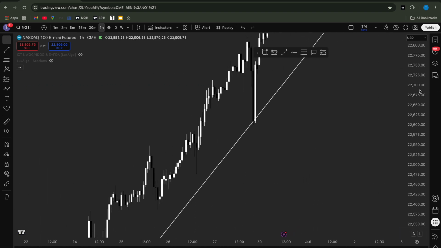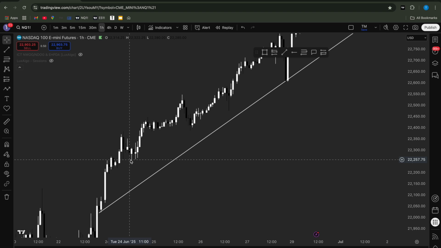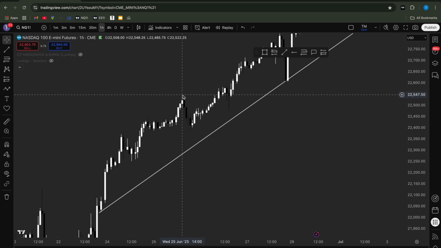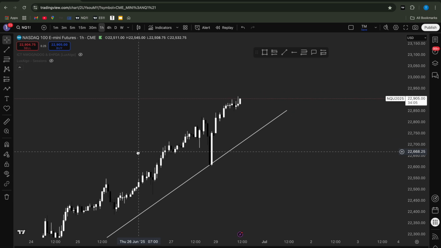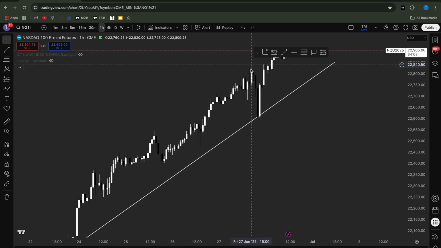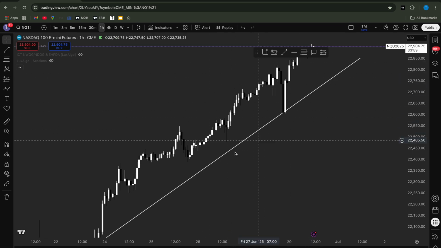So you can see price is making highs, making lows, then it's making higher highs and then higher lows. So price is going up. It's a clear uptrend, so you want to be buying, you don't want to be selling.